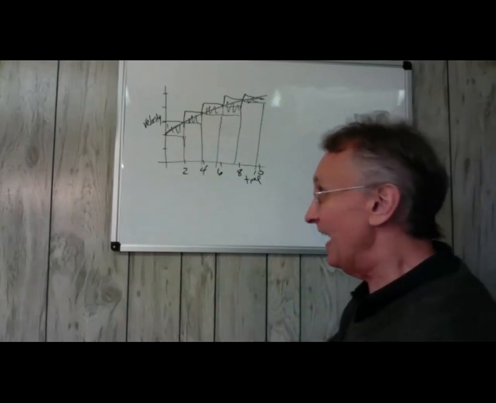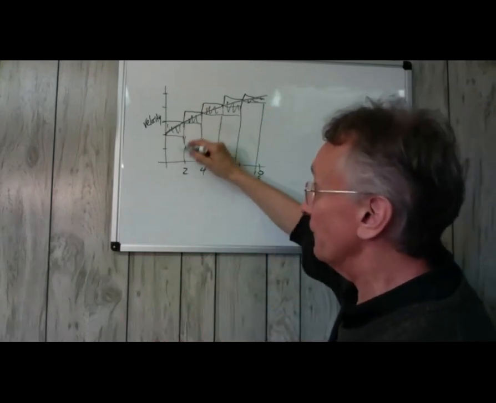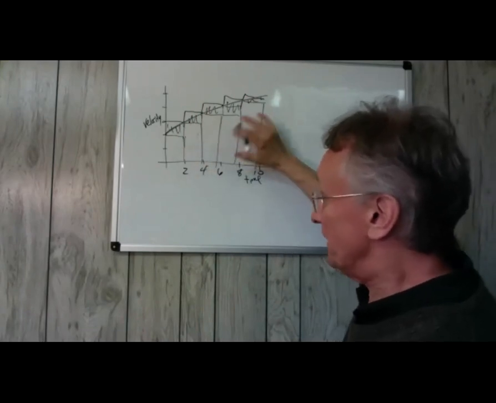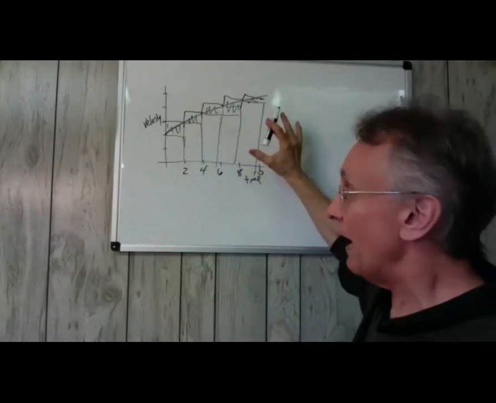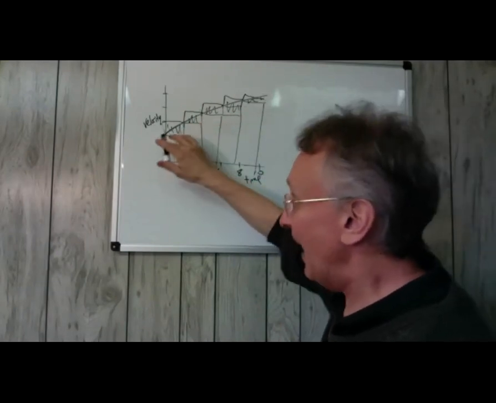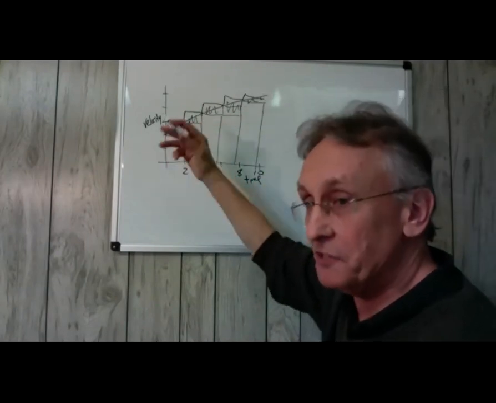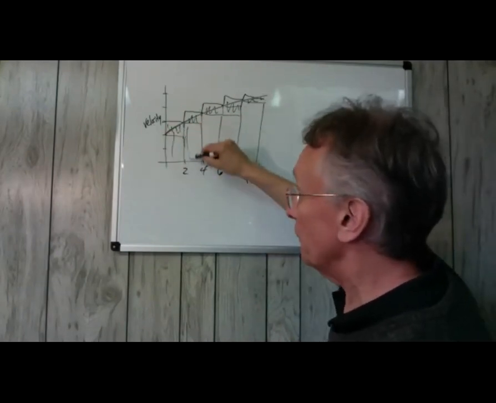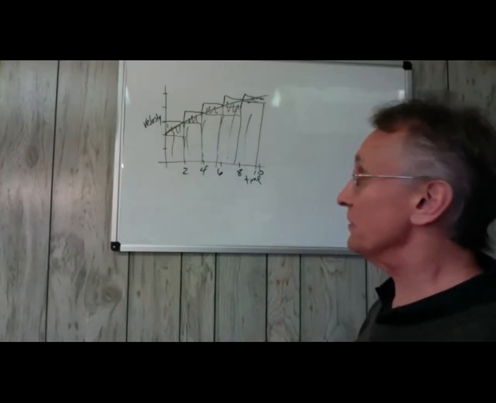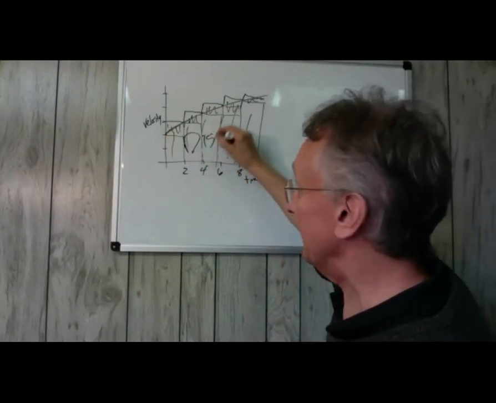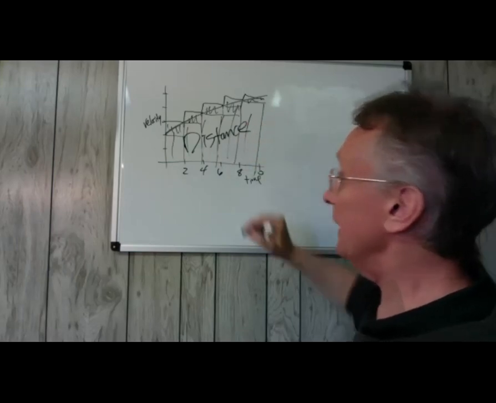As a result, the area under the curve turns out to be the distance traveled. How fast you're going is a rate of change, and what's under the curve is a distance.